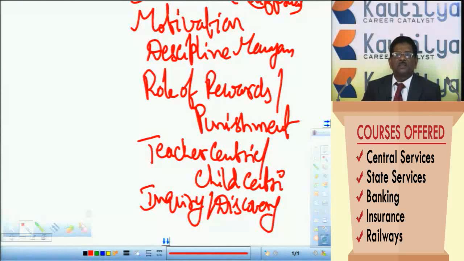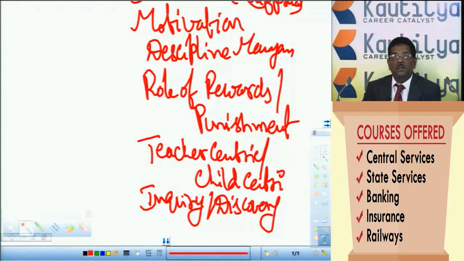What are the merits and demerits of individualized learning? What are the merits and demerits of group learning? What is the fundamental concept of cooperative and collaborative learning? Is there any difference between them or not? So all these concepts are included in classroom management.